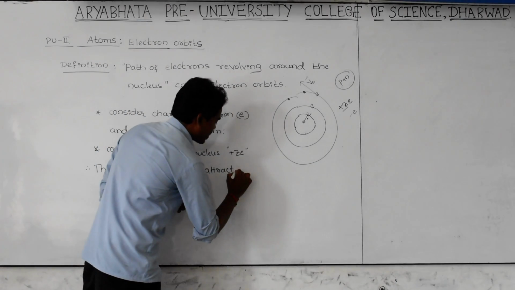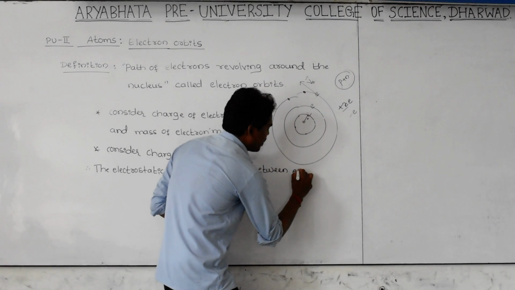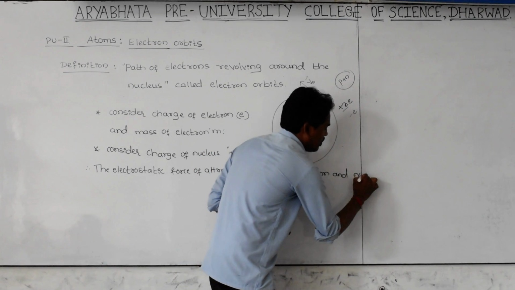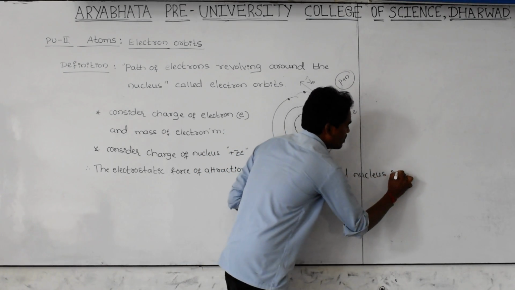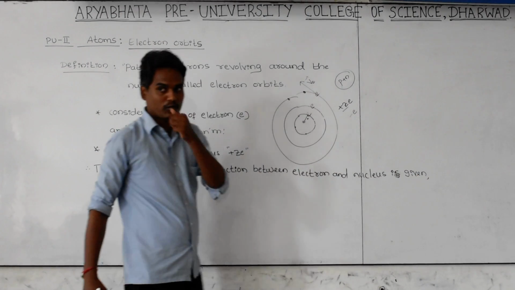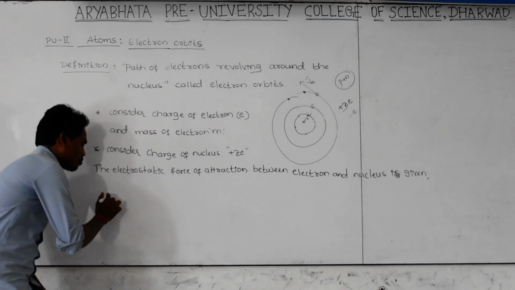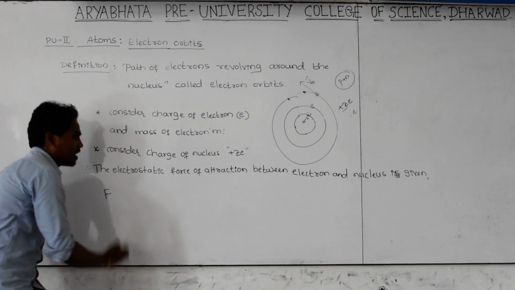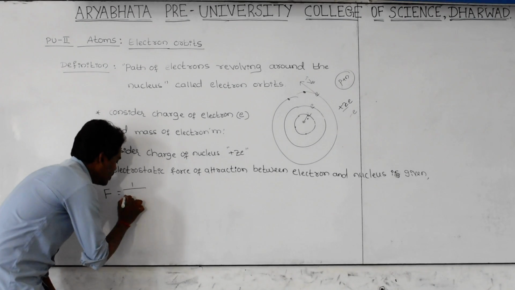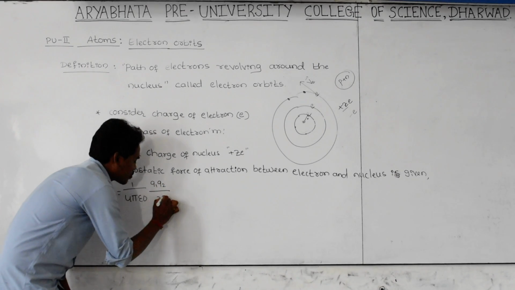The electrostatic force of attraction between the electron and the nucleus is given by, as you know very well, a theoretical formula you studied already in the first topic, electrostatics. The electrostatic force of attraction between a negative particle and a positive particle is given by Coulomb's law: F is equal to 1 by 4 pi epsilon naught, Q1 Q2 divided by R square.